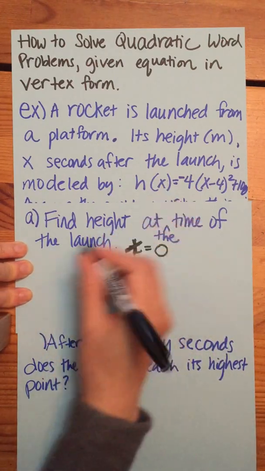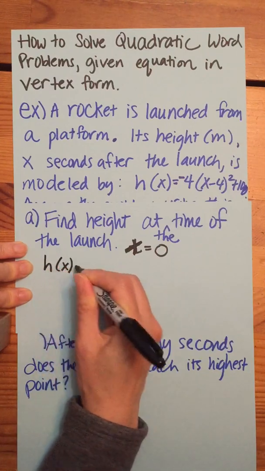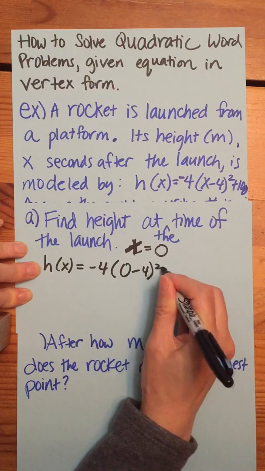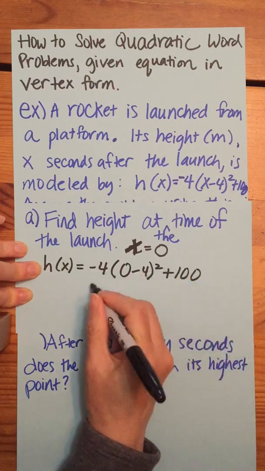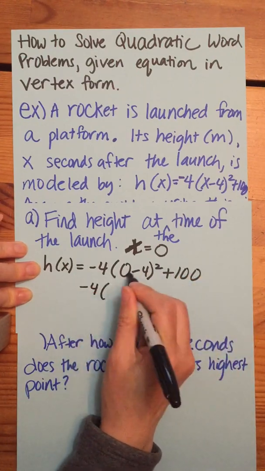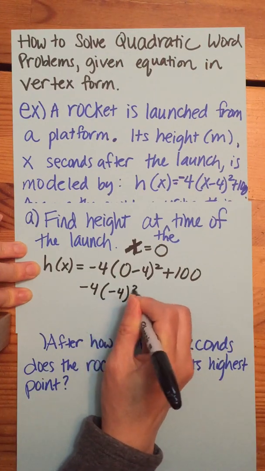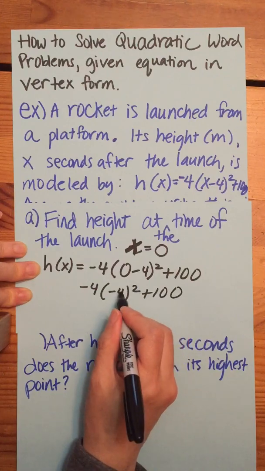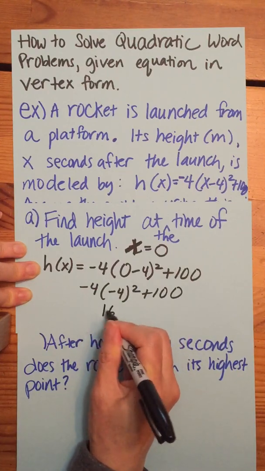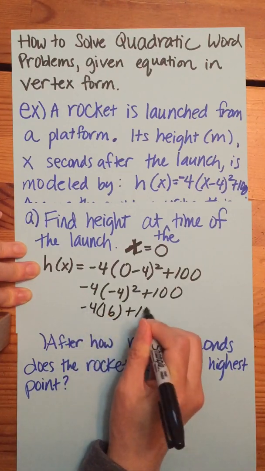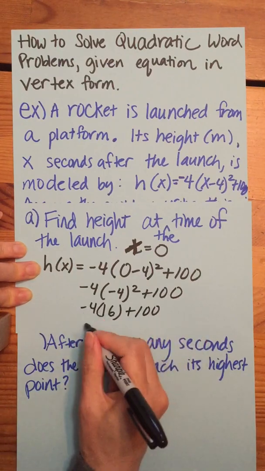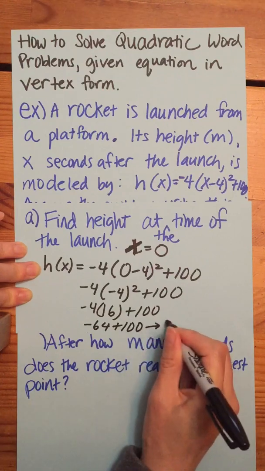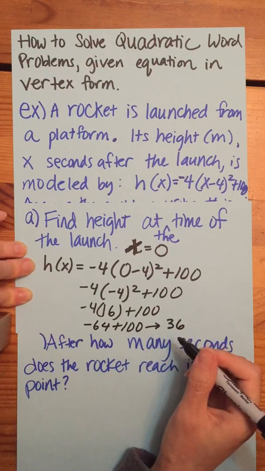So h of x equals -4 times (0 minus 4) squared plus 100. -4 squared, you have to square the 4 and the negative sign, so that becomes a positive 16. -4 times 16 is -64, and that's going to end up being positive 36.